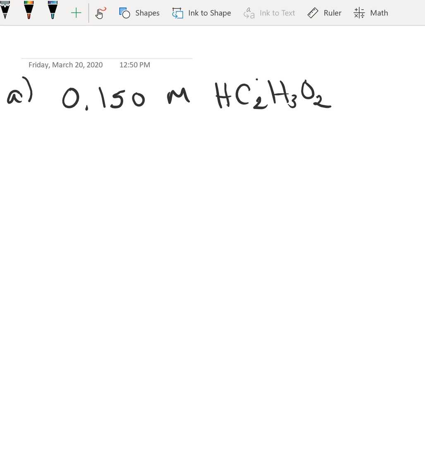I haven't added any base, so all that I have is a weak acid, and they want me to find the pH. I know how to find the pH of a weak acid. So generally, we did HA for a weak acid.